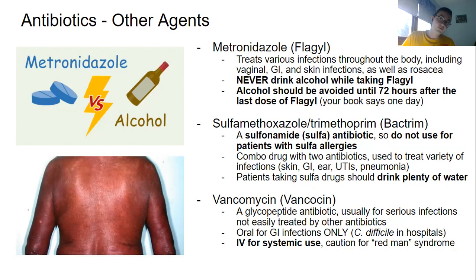So this is usually the antibiotic used if a person is hospitalized and was previously treated outpatient and is just not getting better from the infection. It's used intravenously for systemic use, and it can cause what you see down there, which is called red man syndrome, a very bad full body rash, especially if it is given to someone too quickly. So it's very important when dosing vancomycin to administer it slowly through the IV to avoid red man syndrome.